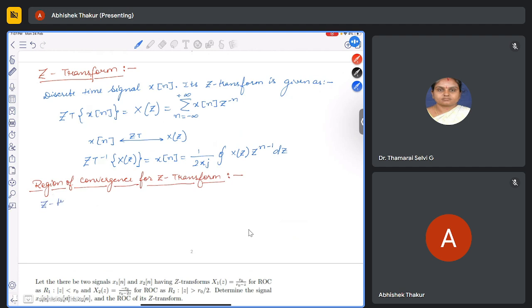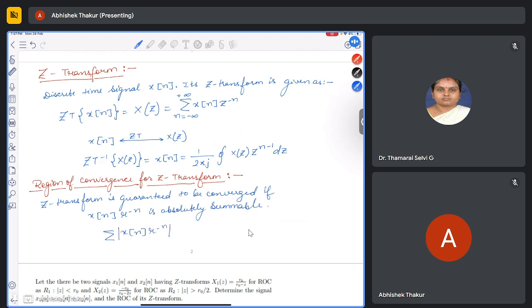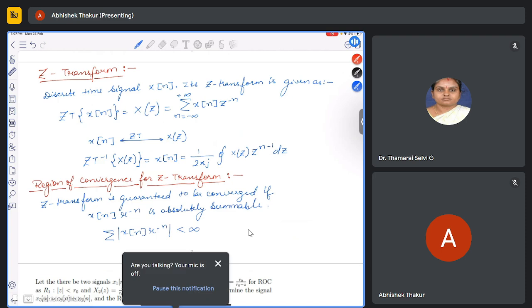That is, the summation of x[n] r to the power of minus n, the mod of this whole quantity, is less than infinity.